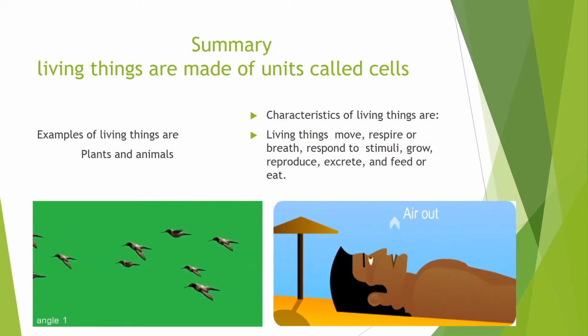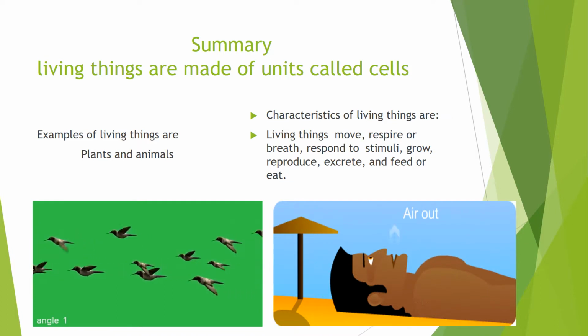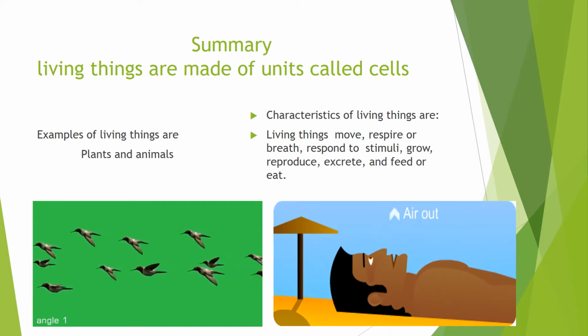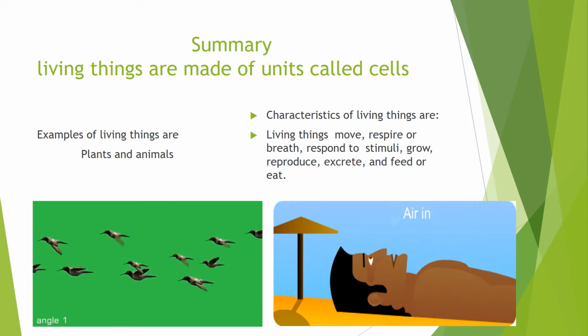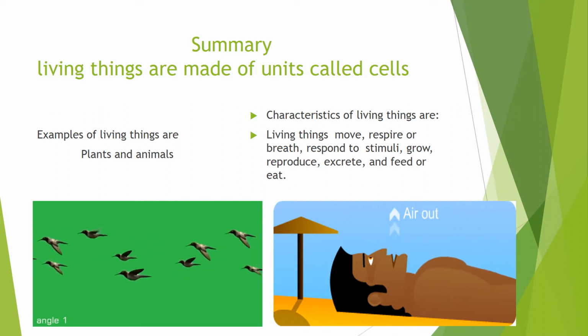So I am sure that at the end of this lesson today, we have been able to define what living things are, secondly, give examples of living things, and thirdly, state the characteristics of living things.